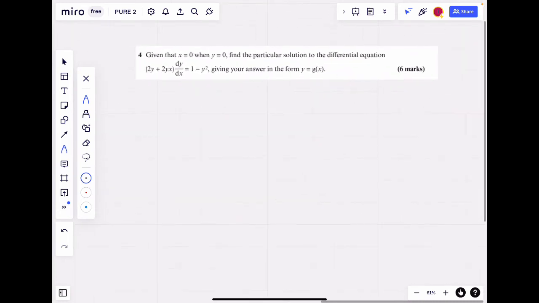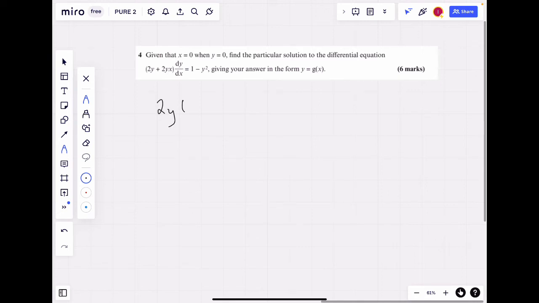Question 4. I want you to do this one for me, please. The first step is to rearrange so that all of y is on one side and all of x is on the other side. I'm going to start by factorizing the 2y + 2yx.